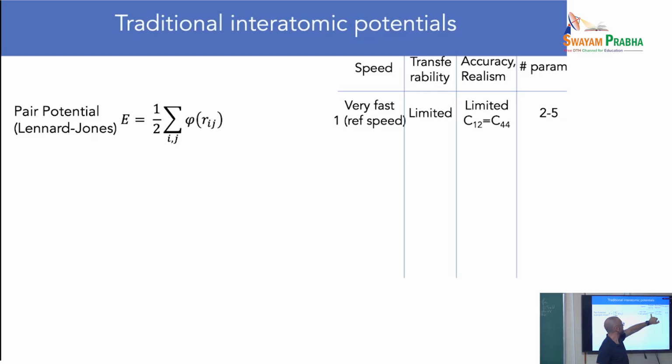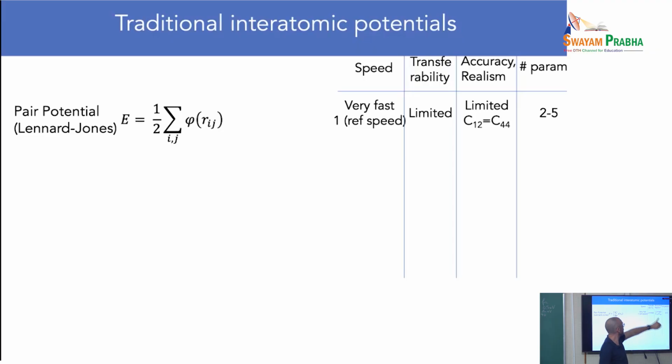The transferability is relatively limited. The accuracy is very limited. In particular, when we look at crystals, because of the pair formalism, there are some relations that are unavoidable, like what we call the Cauchy relation.